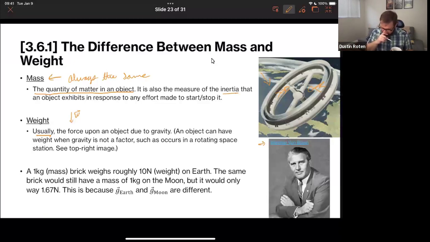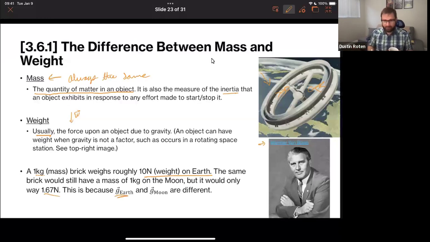Okay, now, if we think about a 1 kilogram brick, now this is a mass, a 1 kilogram brick. The kilogram part doesn't change. If you take that 1 kilogram brick to the moon, it's still a 1 kilogram brick. But if it weighs 10 newtons here on Earth, now this is a weight, and you take that brick to the moon, it's only going to weigh about 1.67 newtons.